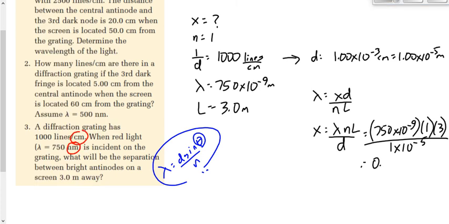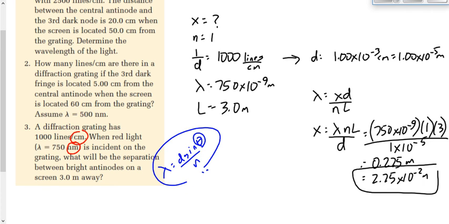We get 0.225 meters, or 2.25 times 10 to the minus 2 if you want to write it in scientific notation. Doesn't really matter. Sorry, there is a typo there, 2.25 times 10 to the minus 1. Just converted it to scientific notation wrong there.